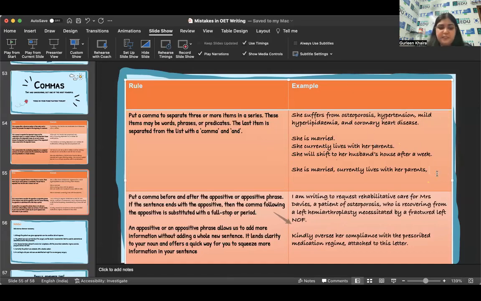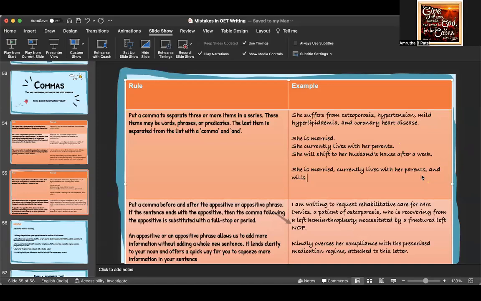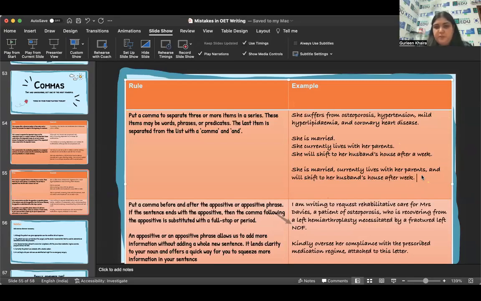So the last item here would be "and will shift to her husband's house after a week." So we've used the Oxford comma here and then "and" because this was the last item. So this is the rule.